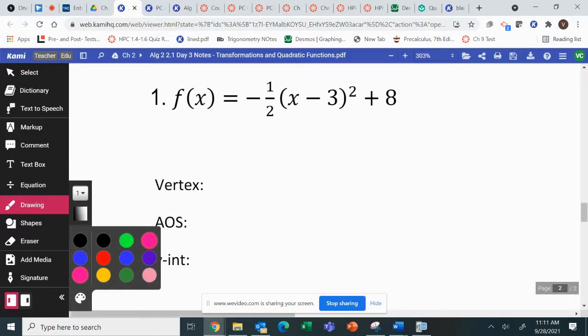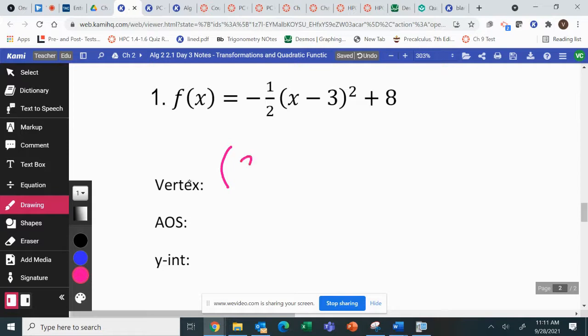So Daniel has the vertex. What is the vertex for the first one? 3, 8. Very good. I'm not going to graph it yet, just in case I need to change my scale. Now we find our axis of symmetry. Allie, do you know the axis of symmetry?